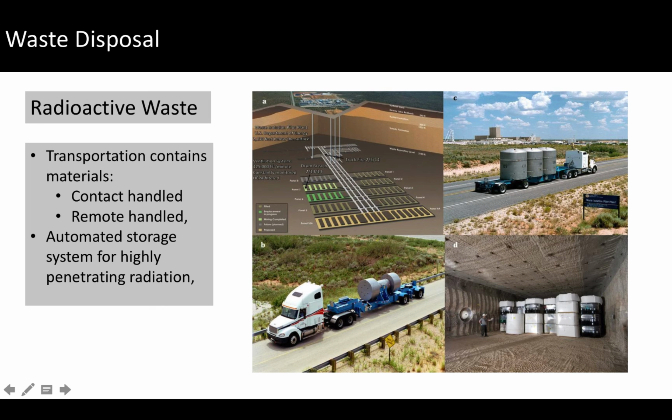And it's transported on semis that have a GPS tracker. We wouldn't want someone to steal this stuff, and it would be very bad if this truck got lost. In some cases, for remote handled waste, the storage is automated, right?